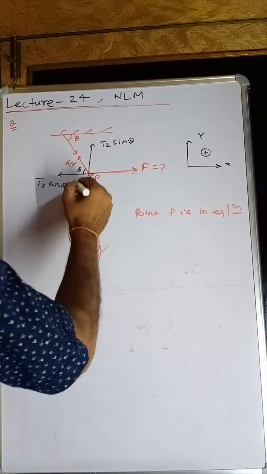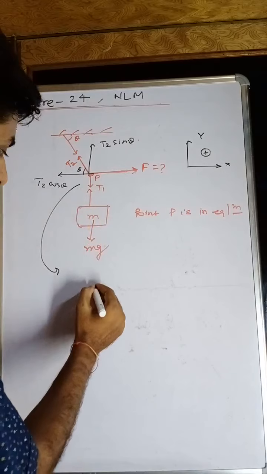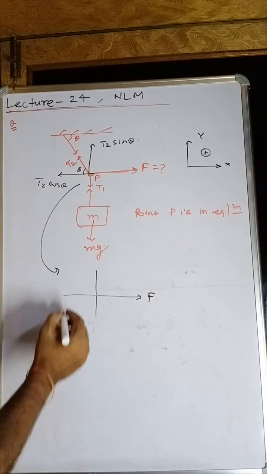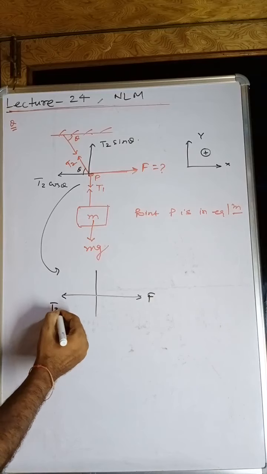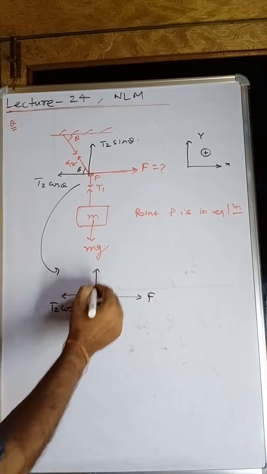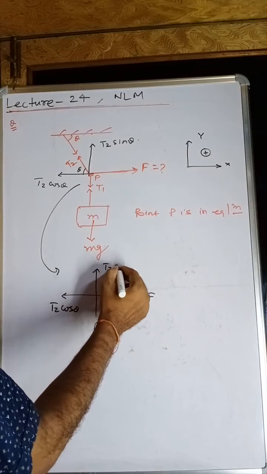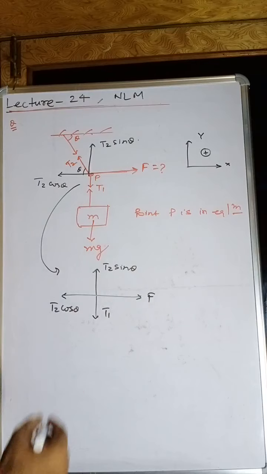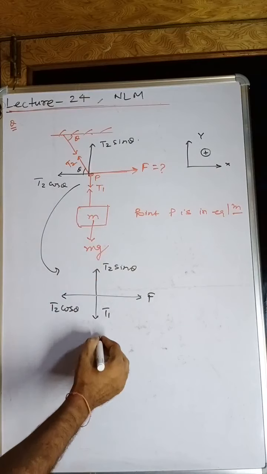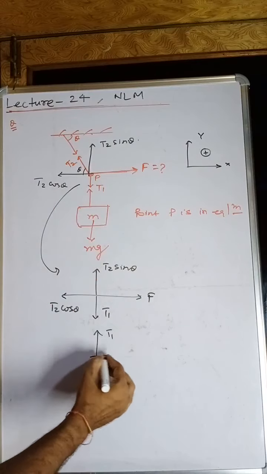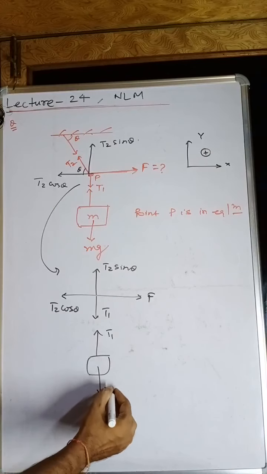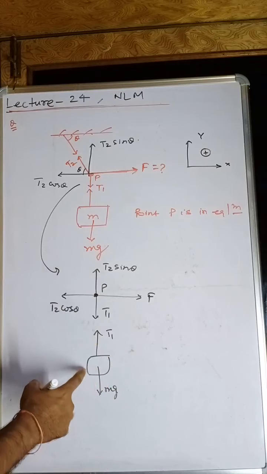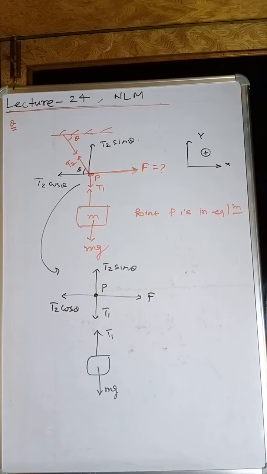Now let me draw this again for the point P. We have the forces in these directions: one force is F, and T2 cos theta. Here it is T2 sin theta, and here T1. For the body, it is T1 upward and mg downward. Now for this point P and for this body you can apply the equations one by one.